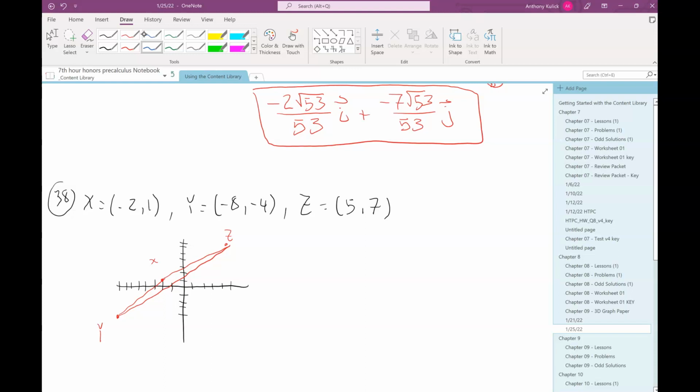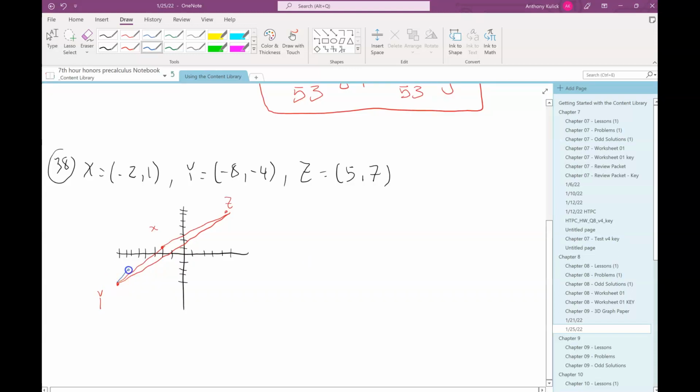So what I'm going to do is come up with two vectors at each of these vertices. I'm going to need YX and also YZ. And if I do the same thing here, I'm going to need XY and XZ.